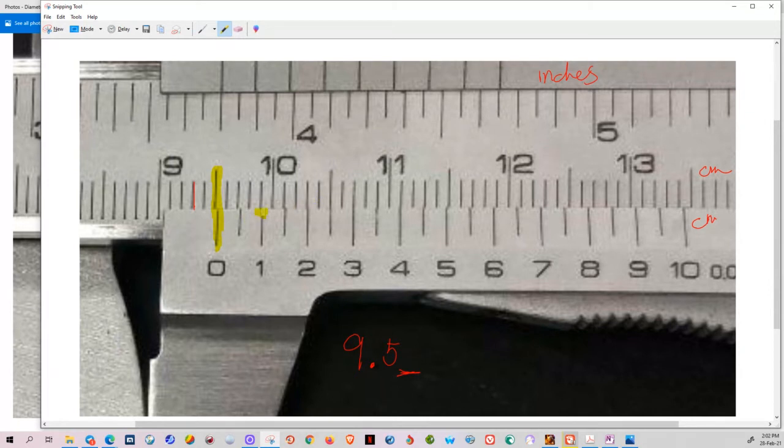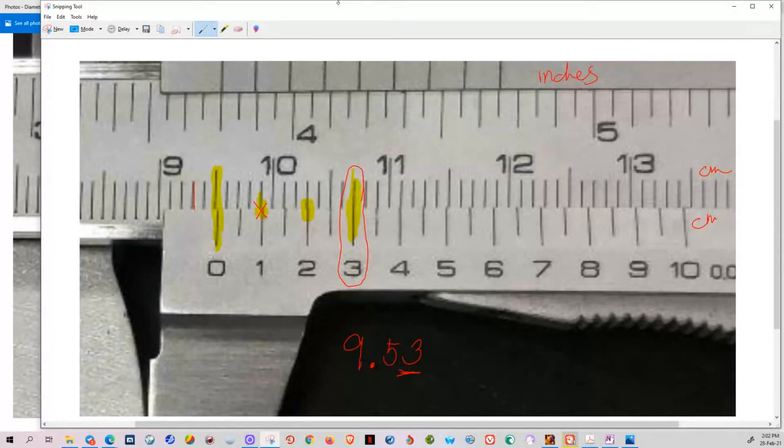Look at 1. It is not straight, so 1 is not in the picture. Look at 2, almost. Look at 3. If you look at 3, this line is perfectly straight. There. So the last digit is 3.